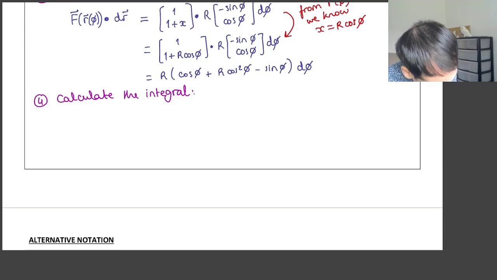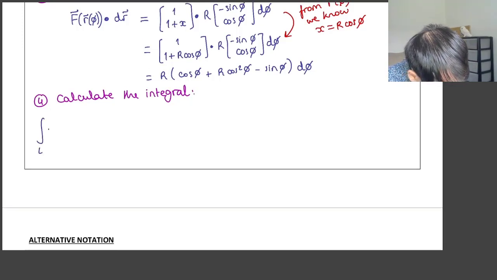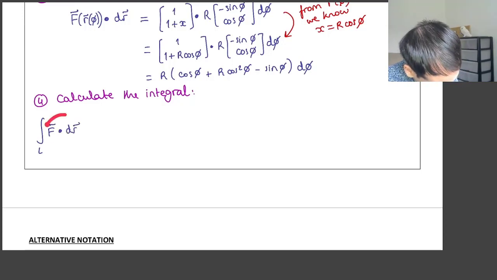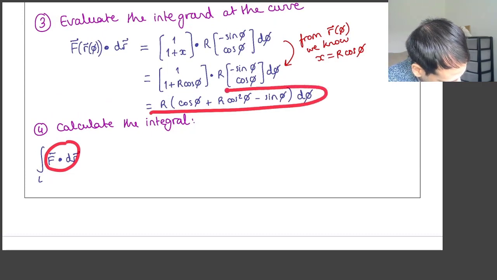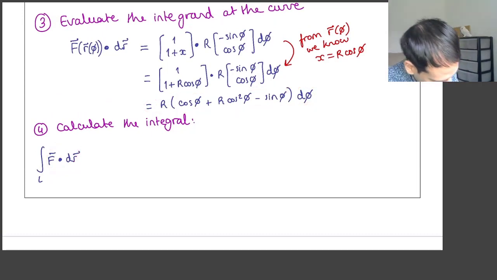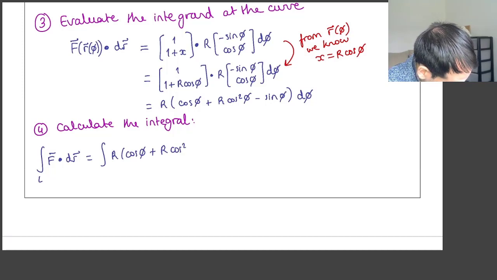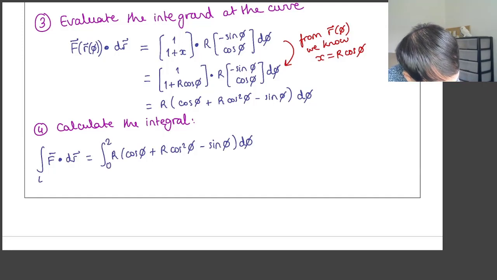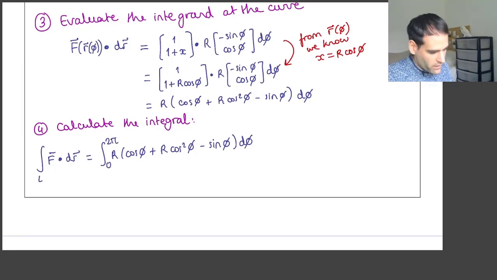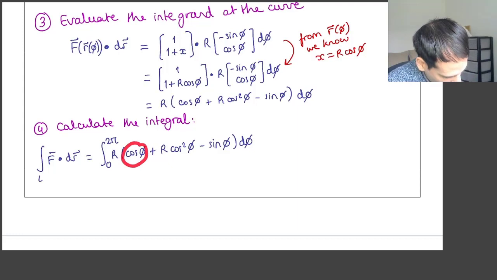So this is great because now in our integral of f dot dr, we have managed to write this integrand as a function of phi d phi. So then it becomes a simple integral of phi between 0 and 2 pi. Integrating cosine of phi is very easy.